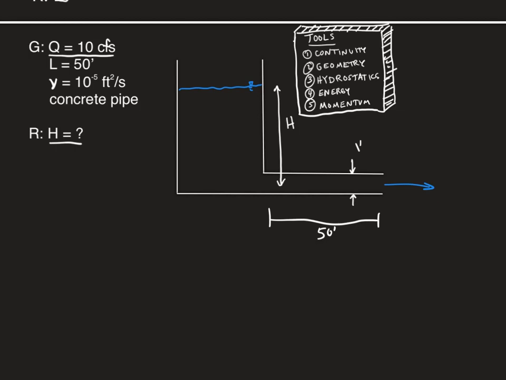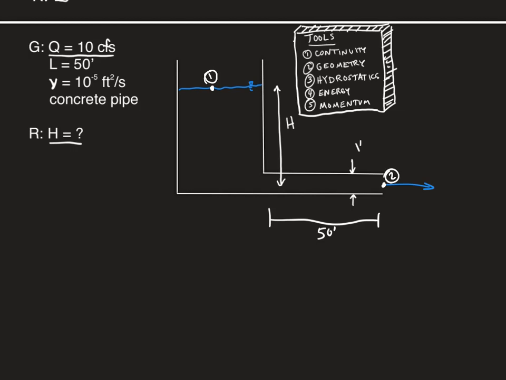We look at the energy at point 1 versus the energy at point 2. Conceptually, at point 1 we've just got potential energy associated with the elevation.